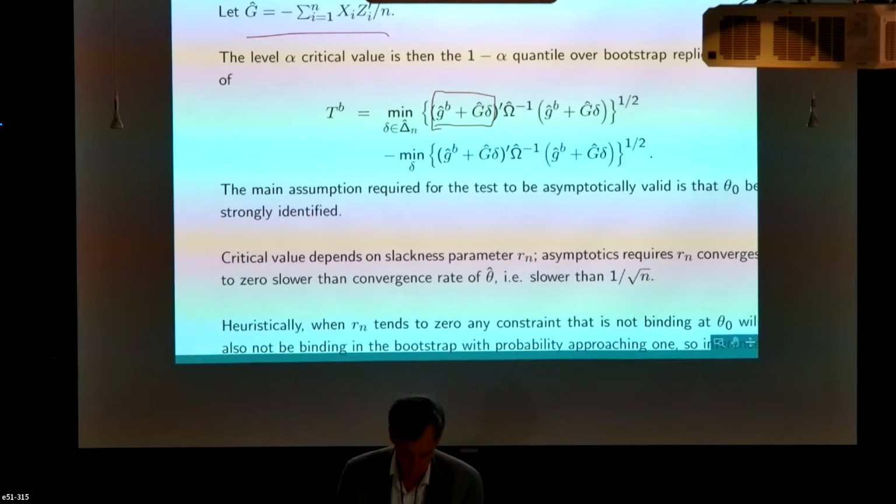So you have this G hat of b, that's like G hat of theta naught. It literally has the property of mean 0 in the data that you have, by virtue of the fact that we have normalized this to have sample mean 0. And because the moments are linear in theta, G hat delta represents, at order 1 over root n, a deviation of theta from theta naught. So these are literally the moment functions, the bootstrap version of the moments.